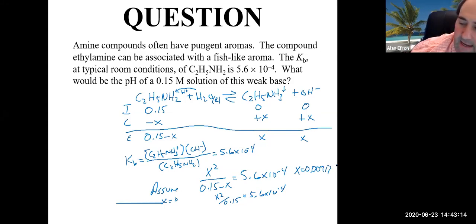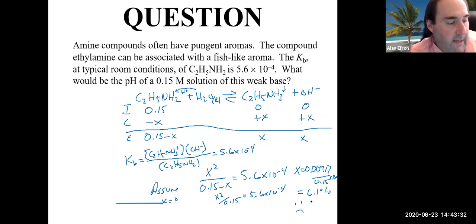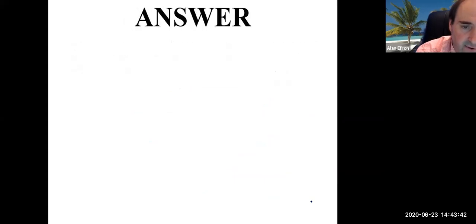If we take that and divide it by 0.15 and times it by 100, we get 6.1%. That means sad check, not so good. This is over 5%, which technically means it's too big. So we do have to go back and solve it a different way, which is the quadratic.